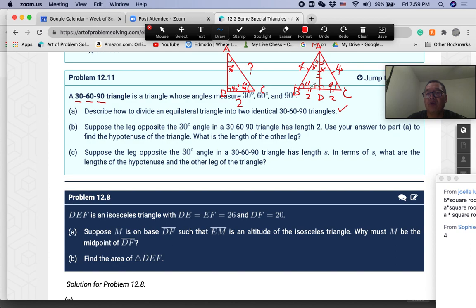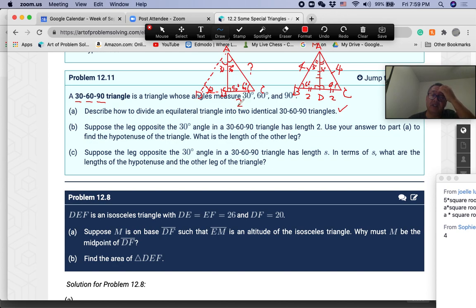See? Then, by this way, if we add another triangle, the same triangle, here, then you will get an equilateral triangle. Suppose this one is A, B, C. This one's D. So this triangle will be a 30, 60, 90 degree right triangle. By combining these two together, you get an equilateral triangle.